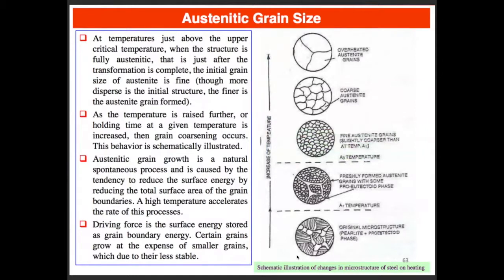There's a lot here, right? But this is basically just schematically what happens with the microstructure on heating. Above the upper critical temperature, we have a fully austenitic microstructure. The higher we go, the austenite grains are going to grow, right?